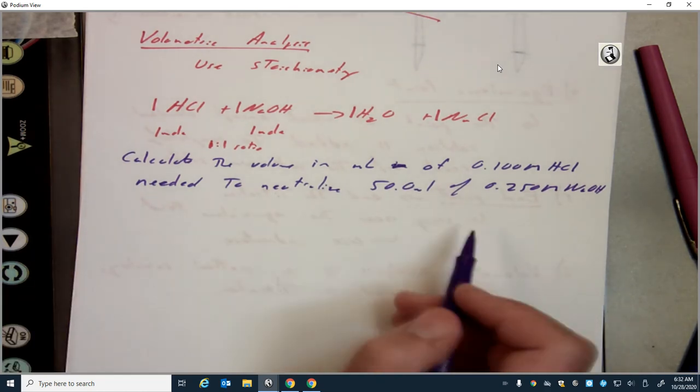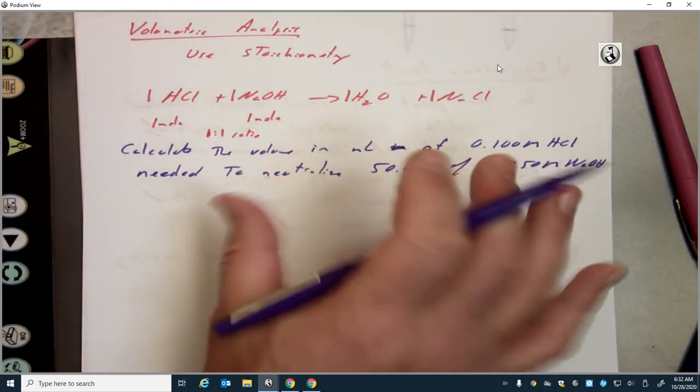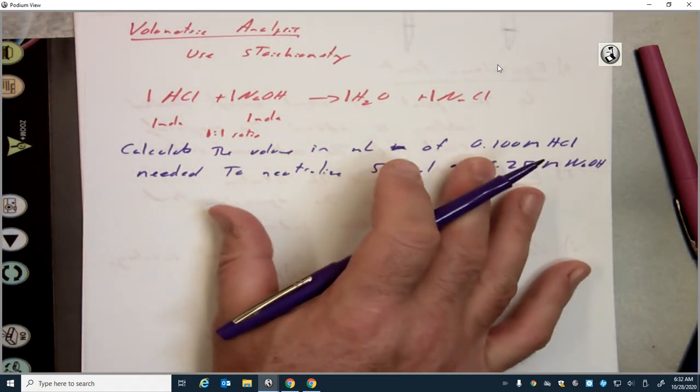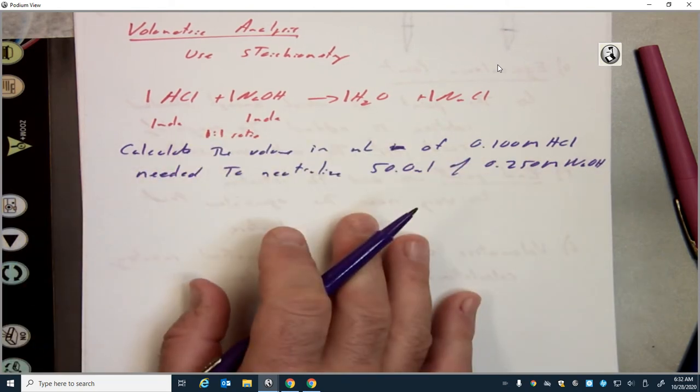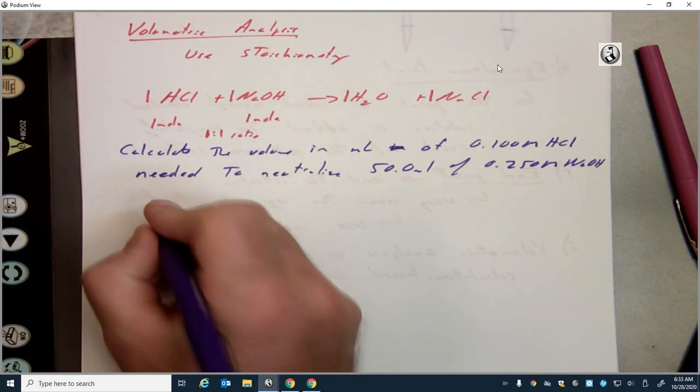Remember, I've told you a couple times, you always want to get into moles. If you're not sure where to start, get into moles. And we can get this into moles.